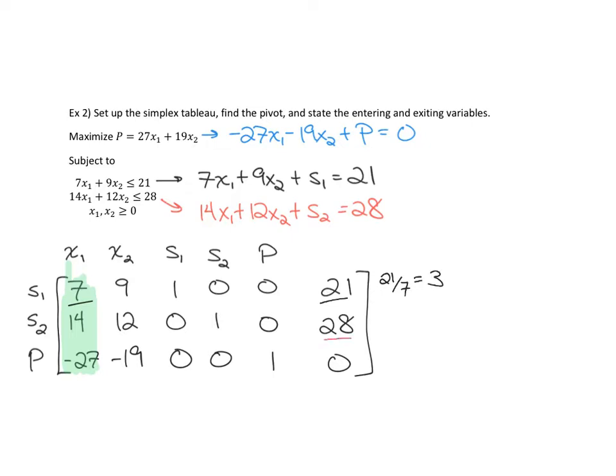This one here would be 28 over 14, which is 2. Then you pick the smaller number of those divisions and know that your pivot is right here. From the pivot position, you can go straight up and see what the entering variable is, and you can go straight left and see what the exiting variable is.